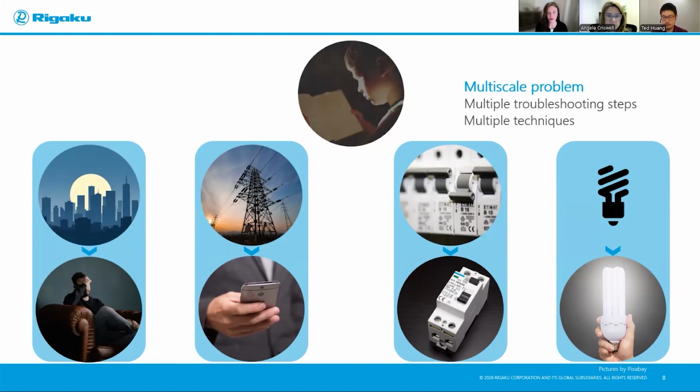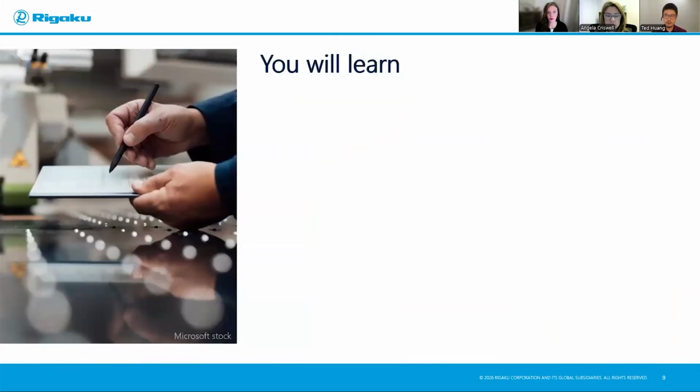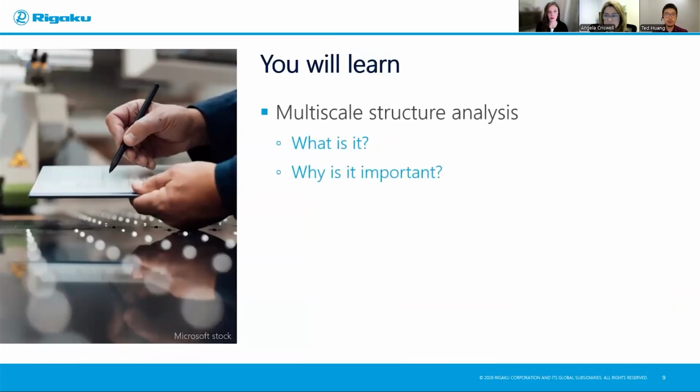So this is not just for this example in life. It also happens a lot, most of the time, in your research or your manufacturing process. So for today's episode, you will learn what multiscale structure analysis is, why it is important to your research and to your manufacturing, and how CT can help.